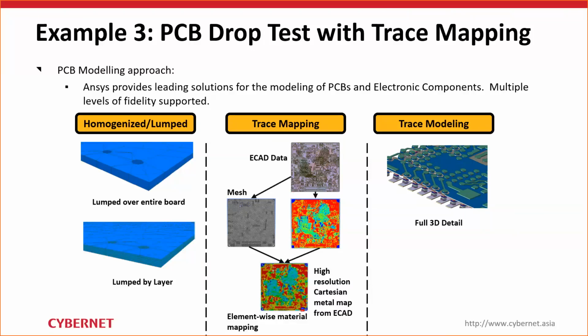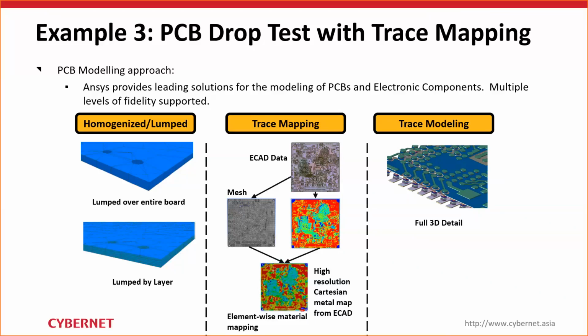Or you can actually model the 3D geometry of the traces and the vias. So this is what we call trace modeling, where you actually model the geometry of the trace and via. So sitting somewhere between those two is a sweet spot where the trace mapping method exists.